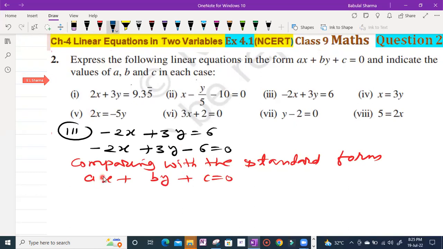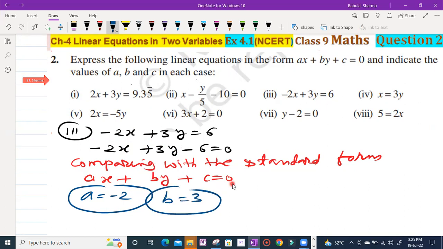See here, ये देखिए, the coefficient of x is a, and here the coefficient of x is -2. So we can write a is equal to -2. See, coefficient of y is plus b. Here, coefficient of y is +3. So in place of b, we can write 3.